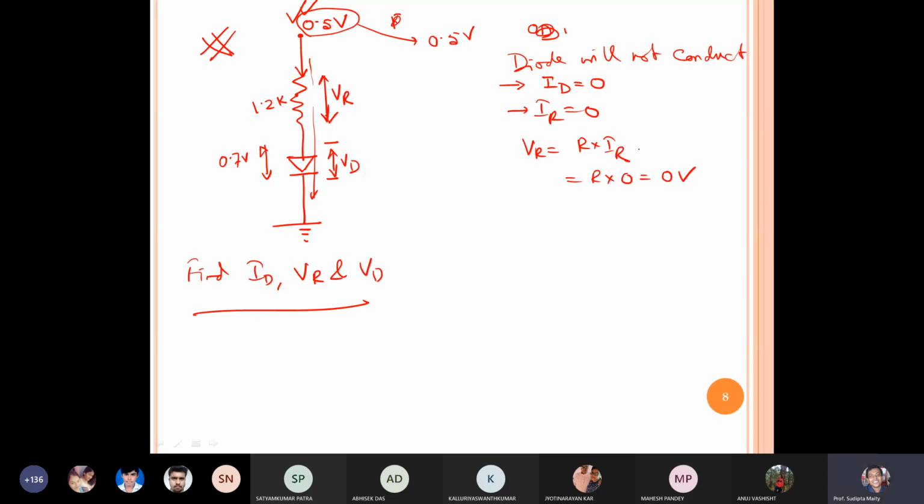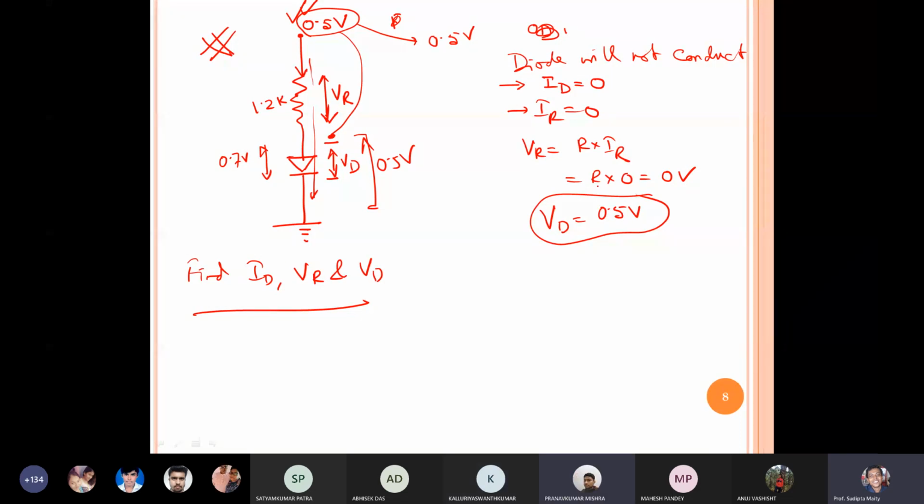So the total voltage will come over here. So this voltage will be what value? 0.5 volt. So VD equals 0.5 volt. Sir, is it clear?